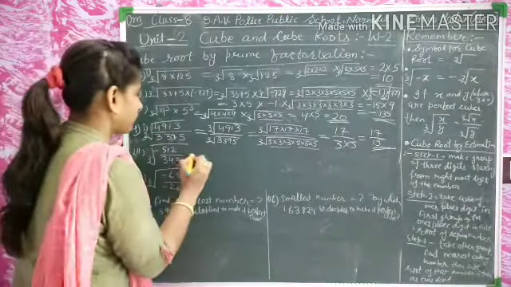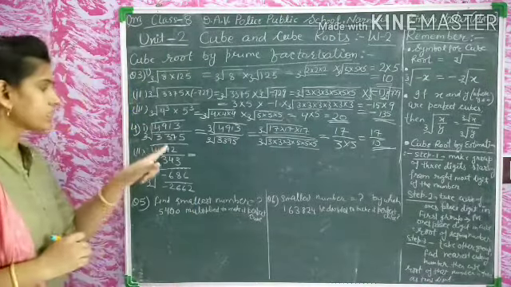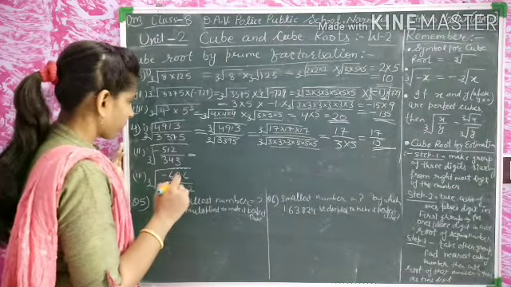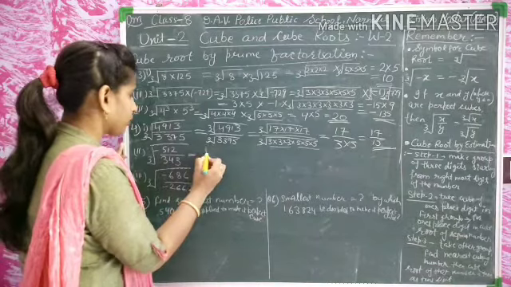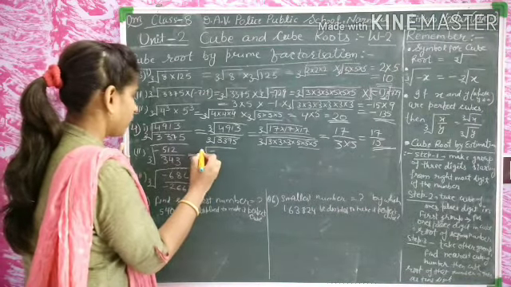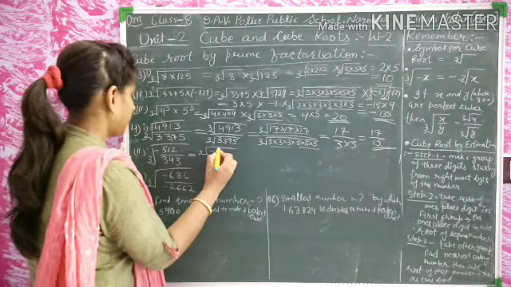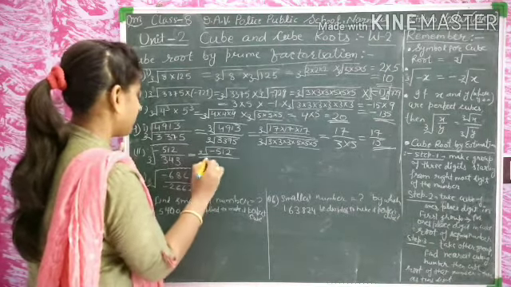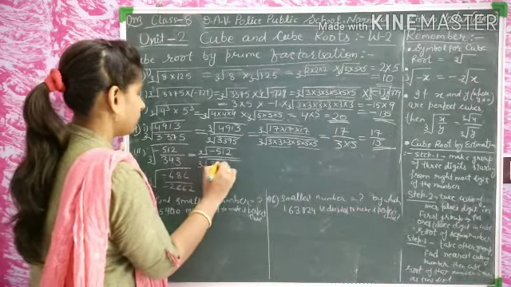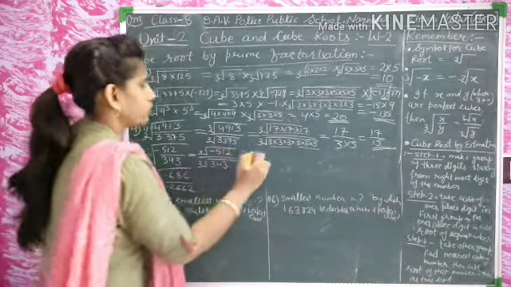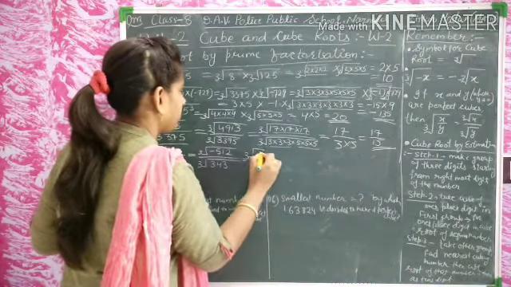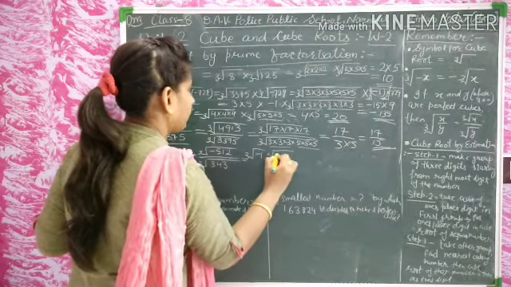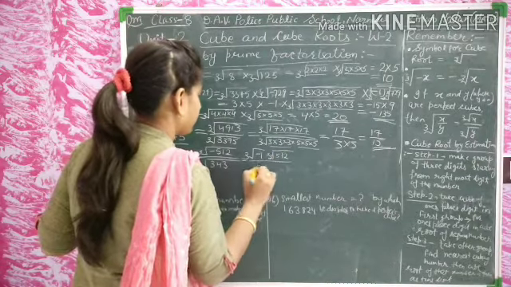This will be equal to minus 512 over 343. This is the cube root of minus 512 over 343. After prime factorization, that is equal to the cube root of minus 1 into the cube root of 512, divided by the cube root of 343.